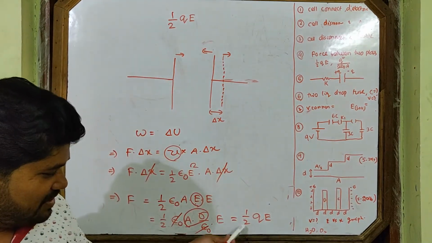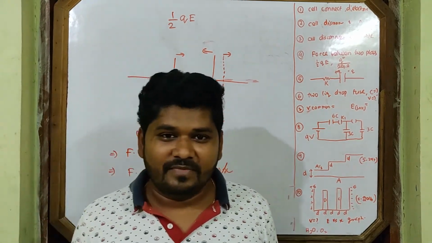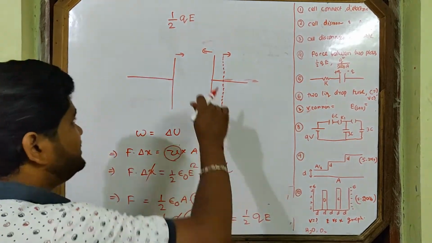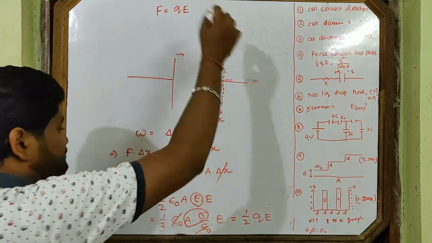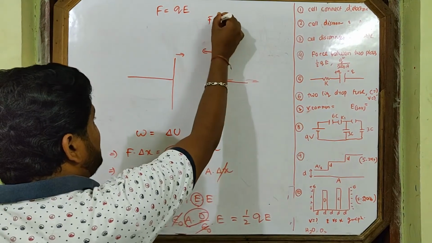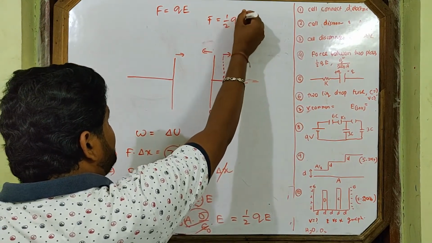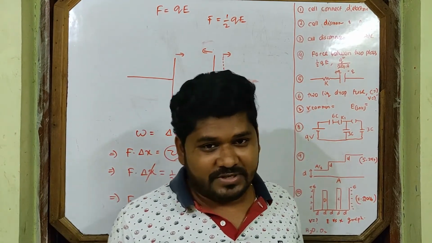What is that? From where does the half factor come? We know F is equal to QE. Means the question is asking, F is equal to QE, we know. But from where does the half factor come? But here force is equal to half of QE. So it's like this.